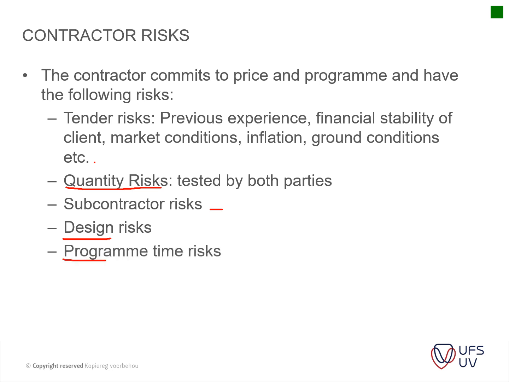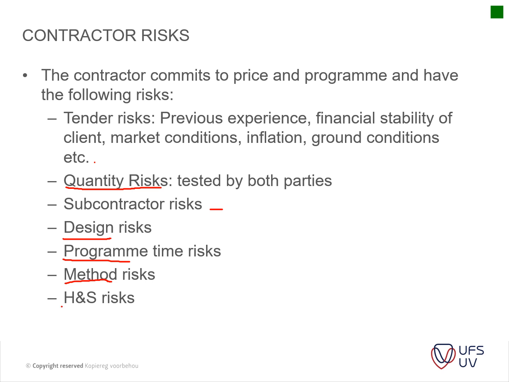Then obviously you have your program risk, whether you can actually do this work within the time, and penalties that can be incurred. Your method risks, this is whether some of the items are buildable. Nowadays there are quite a lot of funky designs from the architects, and it does pose some risk to the contractor whether they can actually do that work for that amount.